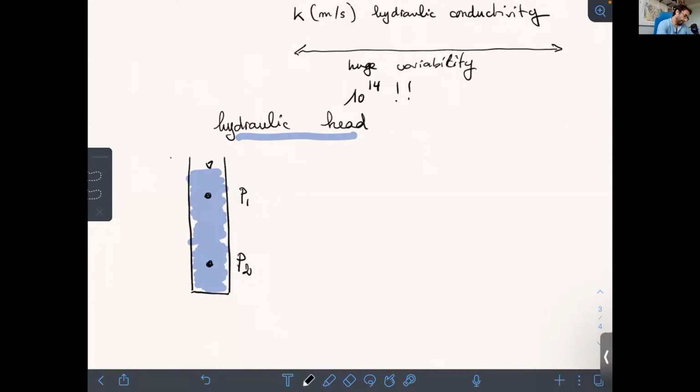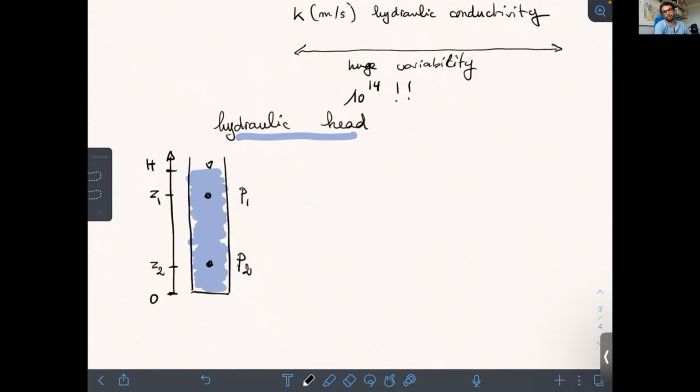And what is their pressure? So let's take a scale here, going from 0 at the bottom to a big H here at the water level. And I have a position Z1 here for this one, and Z2 for this one.